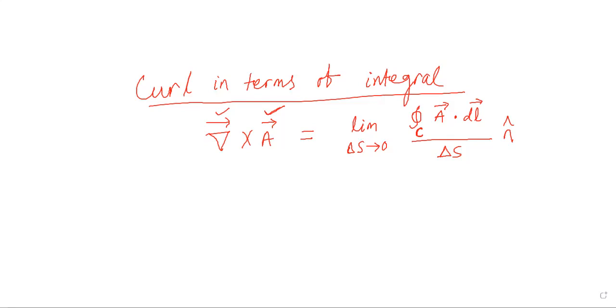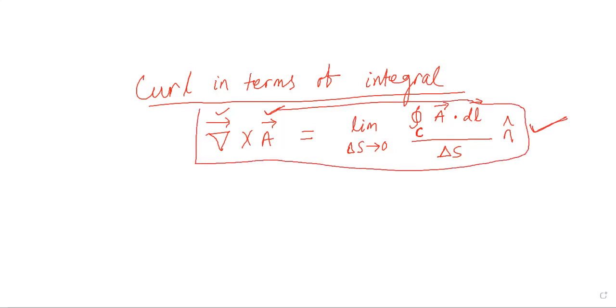So here, the physical significance of this statement that we wrote in the integral form: we can say the curl of a vector field is the limiting value of its line integral, the line integral of the vector field over a closed path, or closed contour, per unit area.